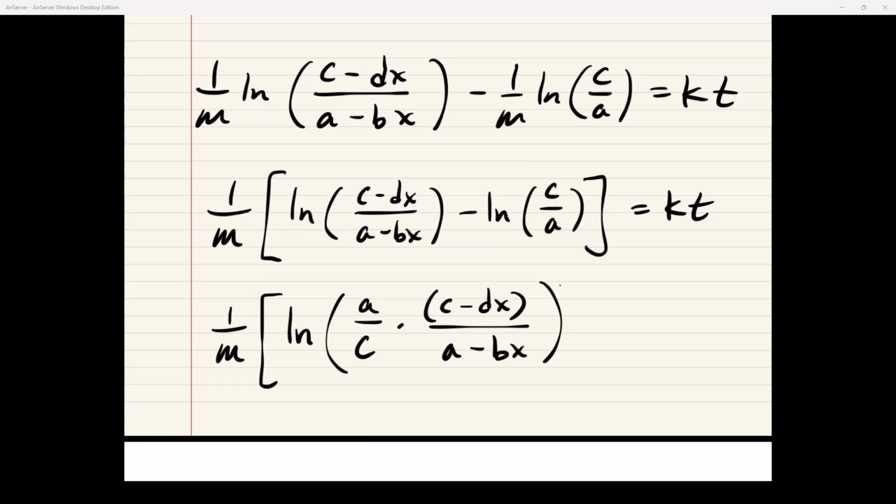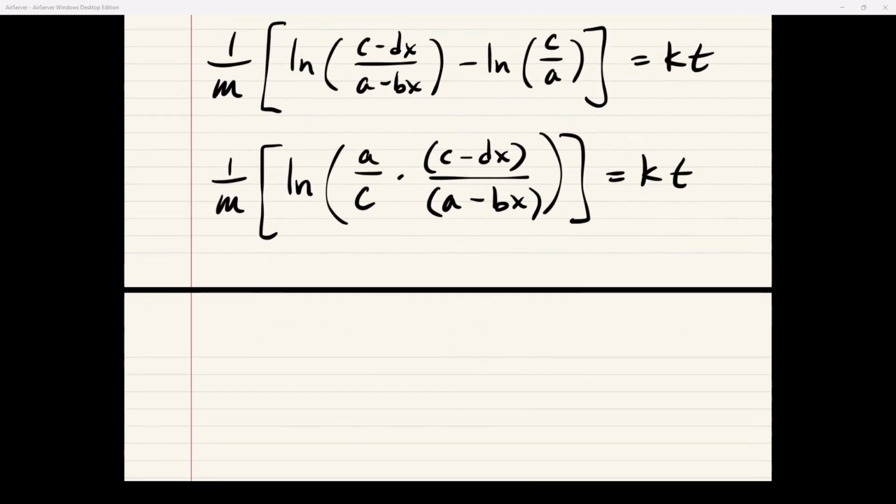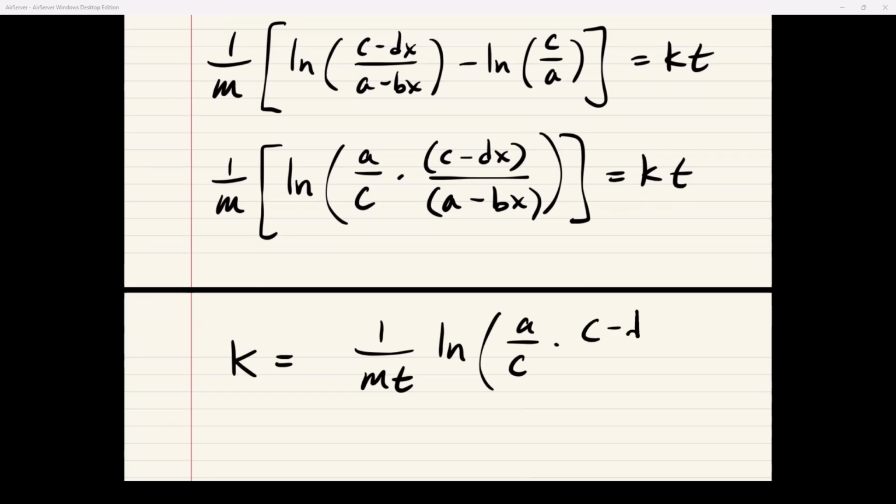A little bit of algebra in there, and you'll come up with that. Now my purpose was to solve for k, so I'll say k is 1 over m times that t times the ln of, let's say, A over C times (C minus Dx) over (A minus Bx).